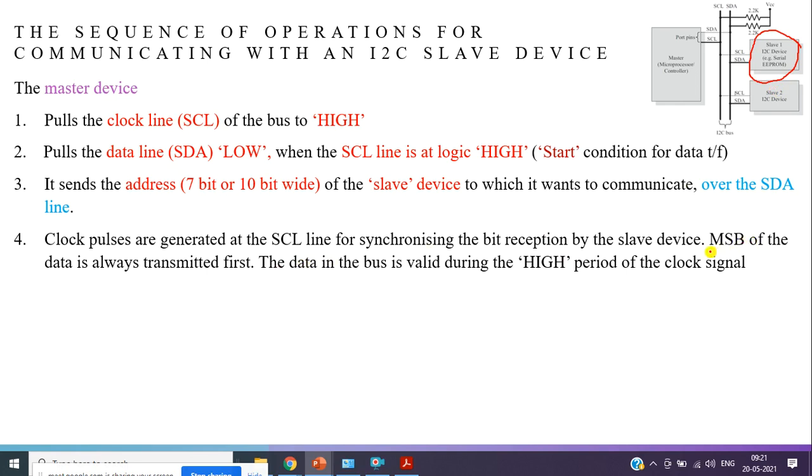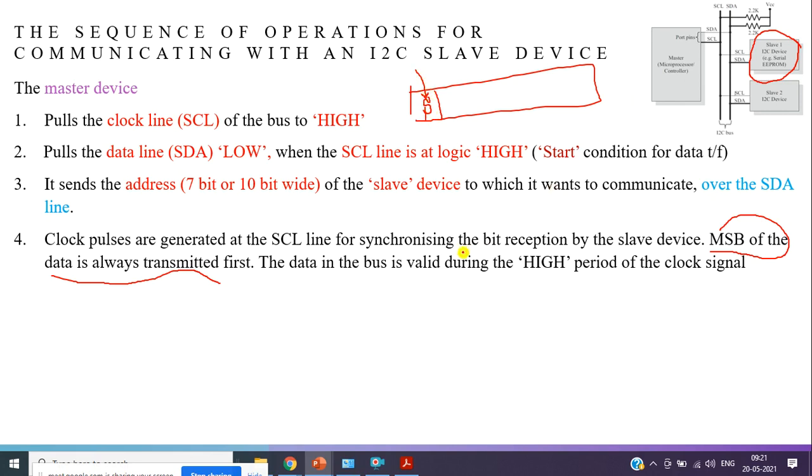Now, before starting the data, the MSB of the data is always transmitted first. What do you mean by that? The MSB will once again consist of the start bit. If the data is around 8 bit, the first bit we call the S bit. The S bit says that I am ready to transfer the data and you also be ready to receive the data.